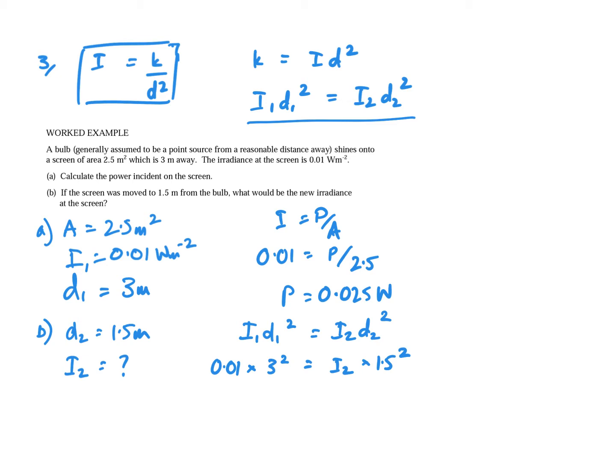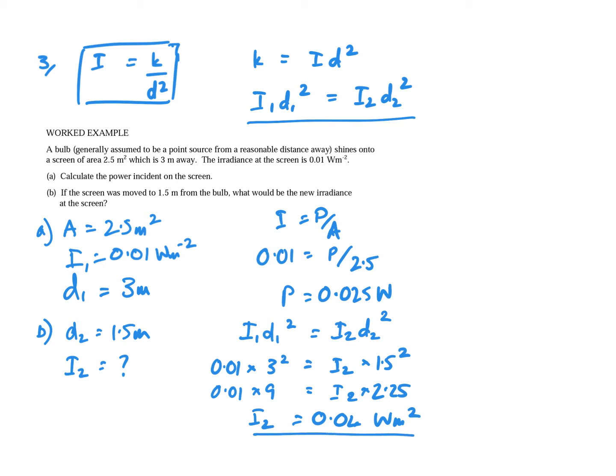So you've done your substitution there, do your arithmetic. I'll simplify it a wee bit anyway. But rearranging that, you get 0.01 times 9 divided by 2.25 is 0.04 watts per square metre.